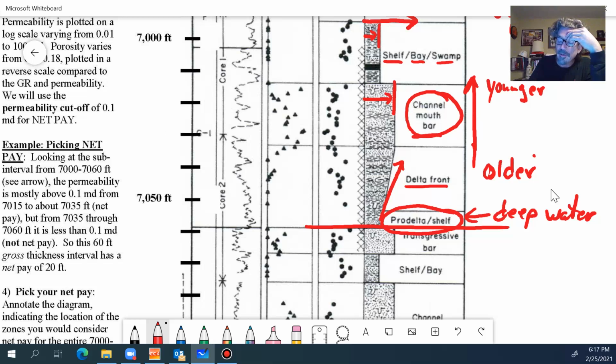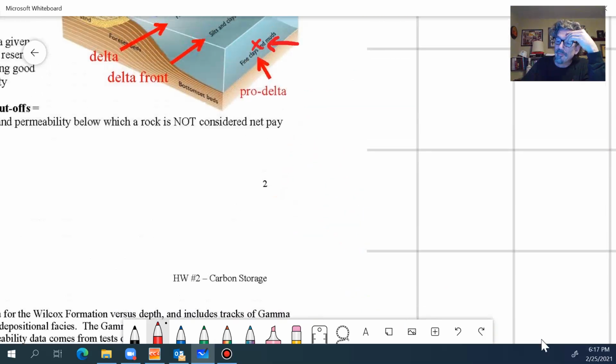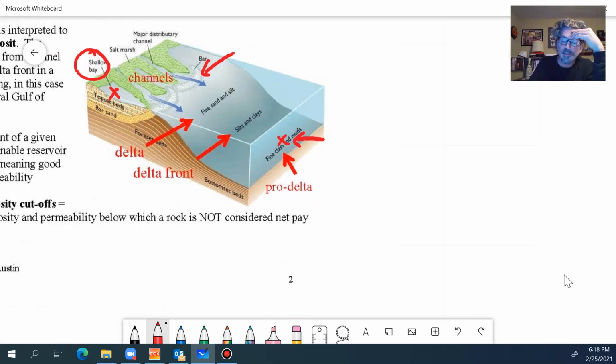So we're basically going through a shallowing upward sequence. Let me write that down. Shallowing upward sequence. And so you can see where that fits here. Let me use a different color. We've got these muds out here in deep water. Okay.